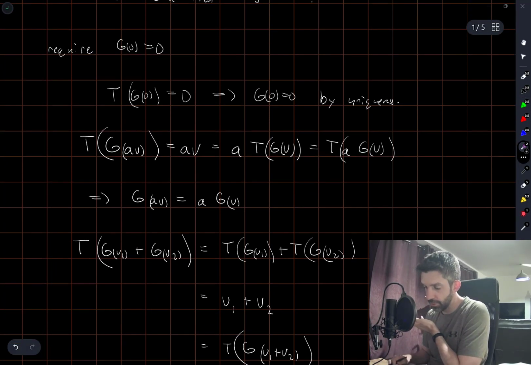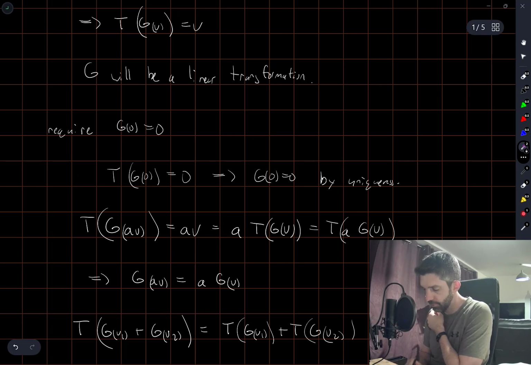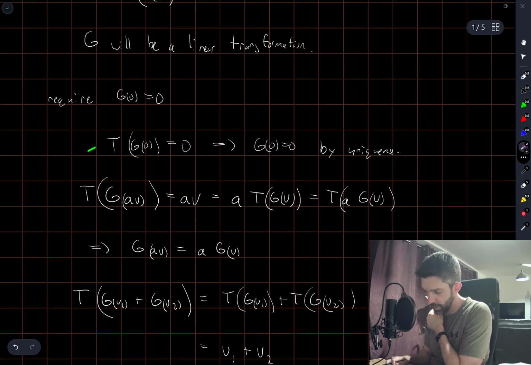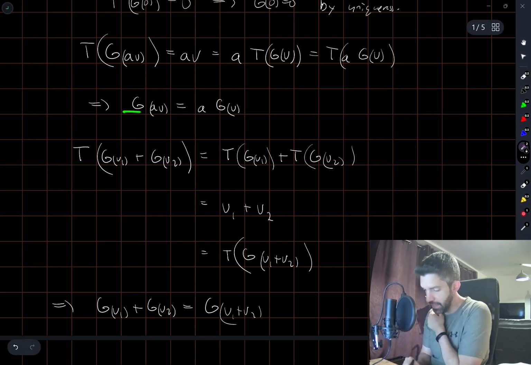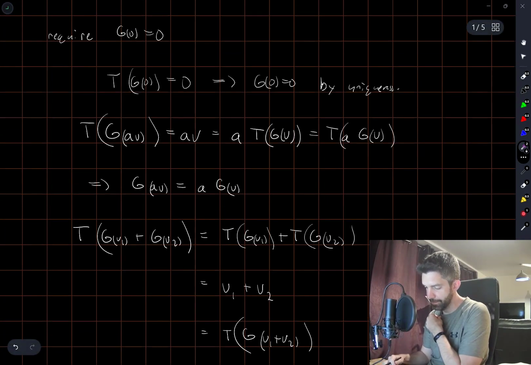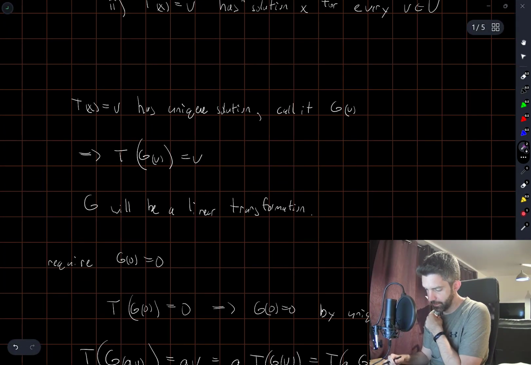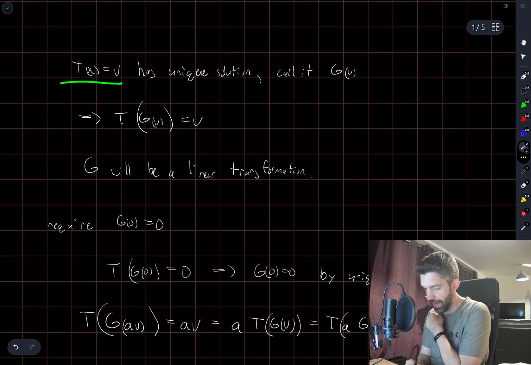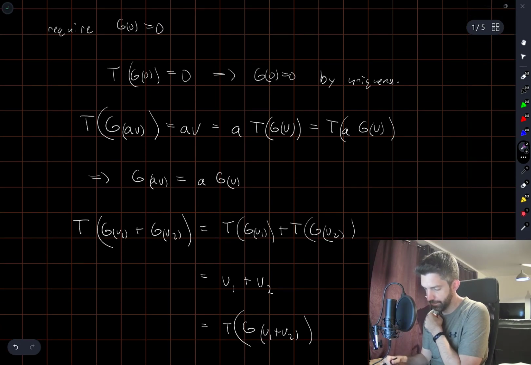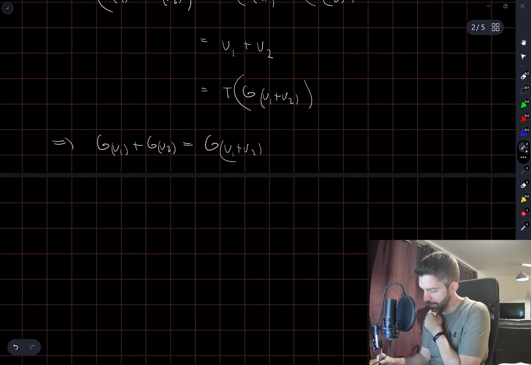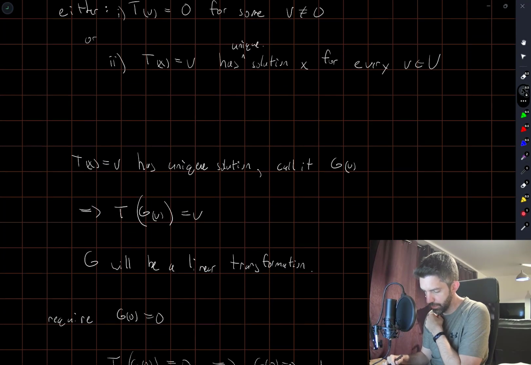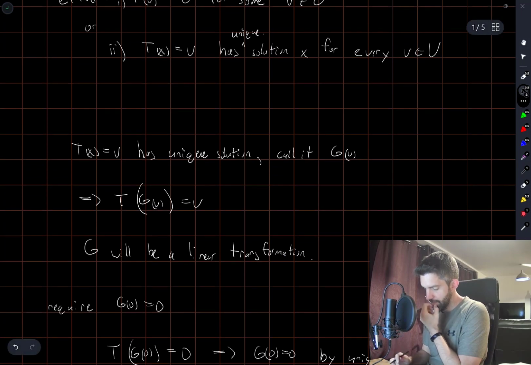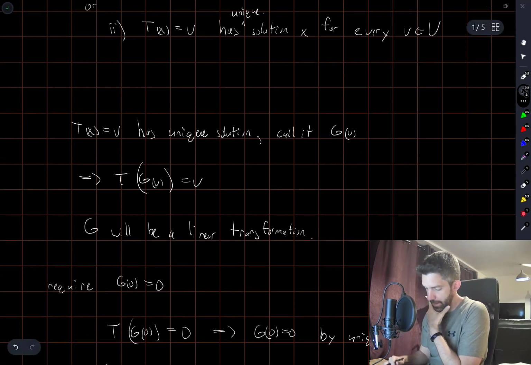Okay, so I've proven that g is a linear transformation. g of 0 must be equal to 0. g of av must be equal to a times g of v. All of these are just using the fact that this equation always has a unique solution. Okay, so let's go back to what I want to do here.